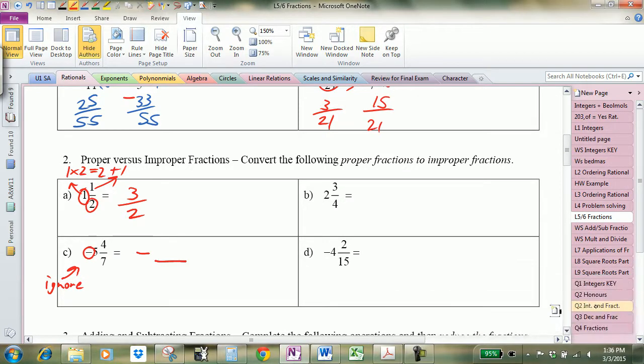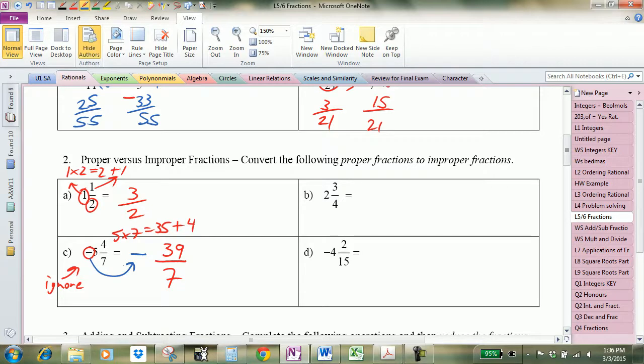So, okay, here we go. 5 times 7, use the positive value, which is 35. So you get positive 35 plus 4, 39 over 7. Your negative sign is completely ignored. You just have to make sure you keep it and add it there. But it's not involved in your conversion at all.